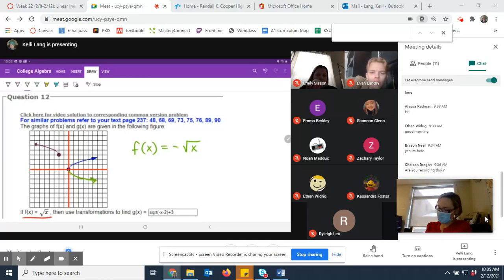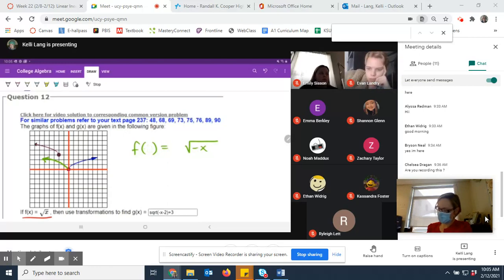But that's not what's happening. We're flipping this over the y-axis, this direction, so the negative doesn't go out front. The negative actually attaches itself directly to the x inside the parent function. We would write that as negative x inside our f.